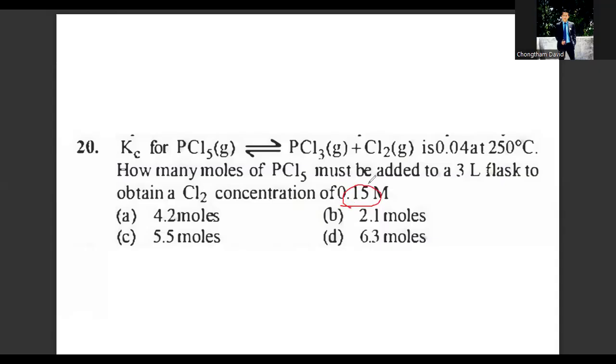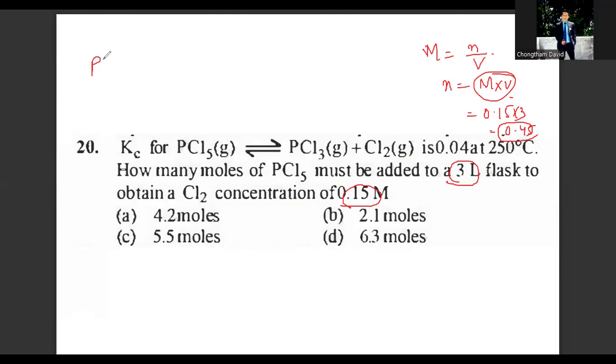You have to multiply this with 3 because molarity is moles per liter, and moles is molarity into volume. Now the moles of chlorine must be 0.15 into 3, that means 15 times 3 is 45, so 0.45. This is the number of moles.